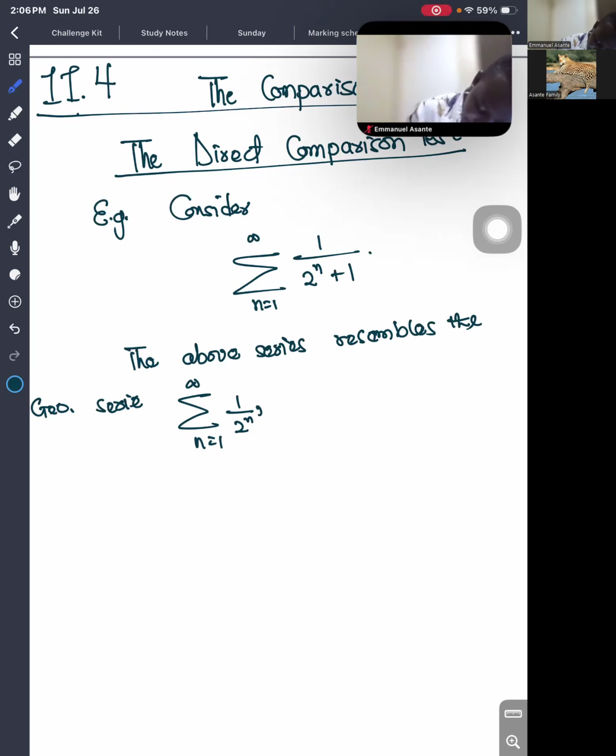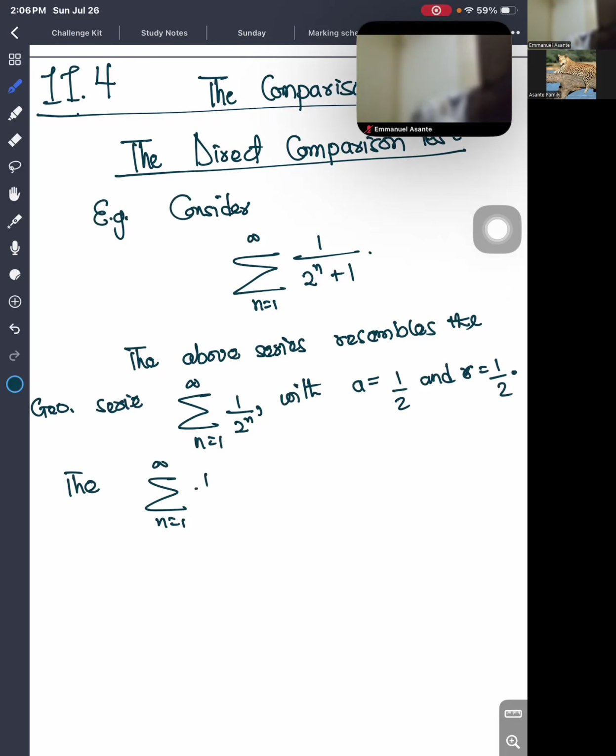The geometric series has a first term of 1 over 2 and a common ratio also of 1 over 2, as we have come to know. So the geometric series 1 over 2 raised to the power n converges.